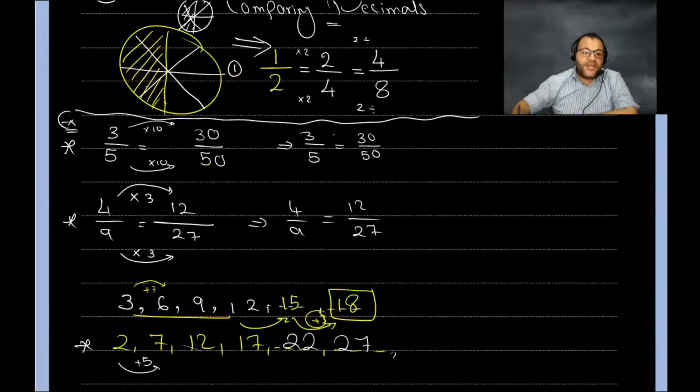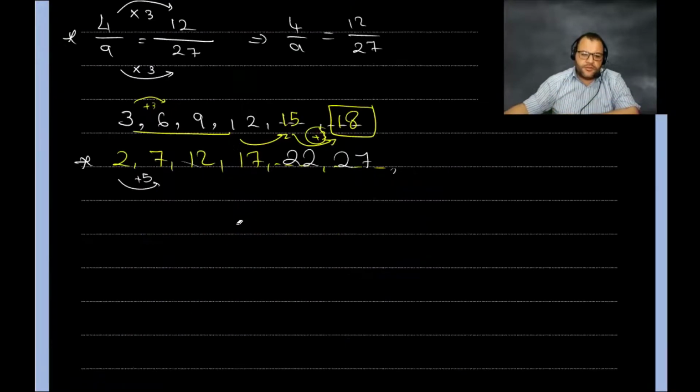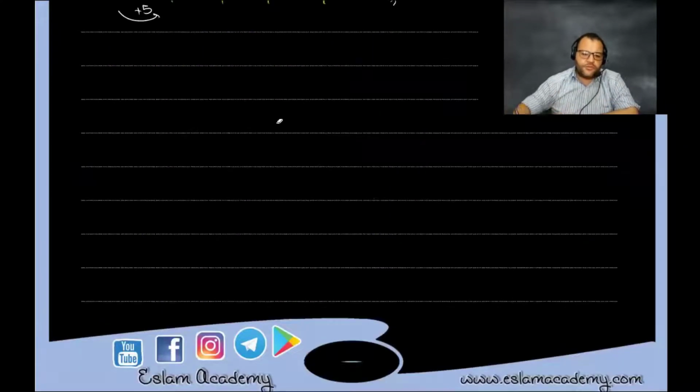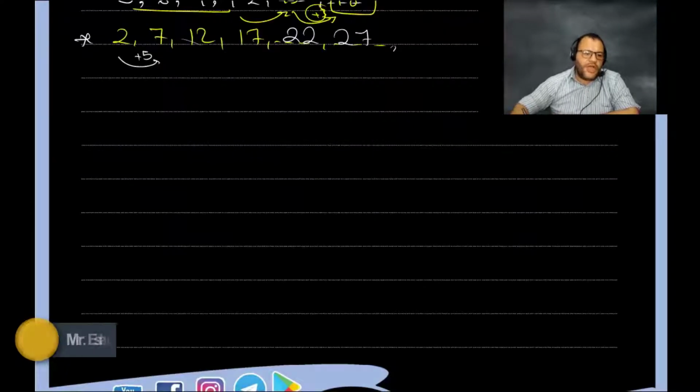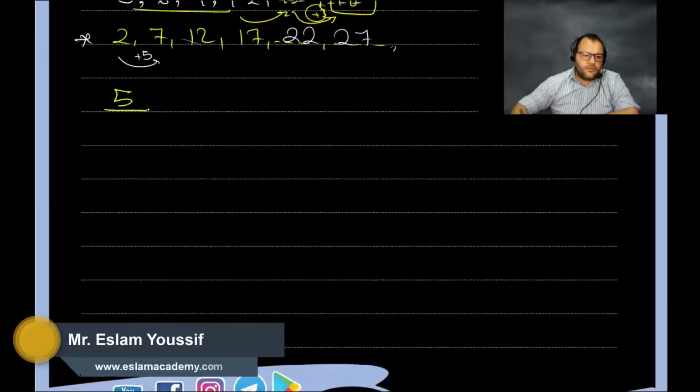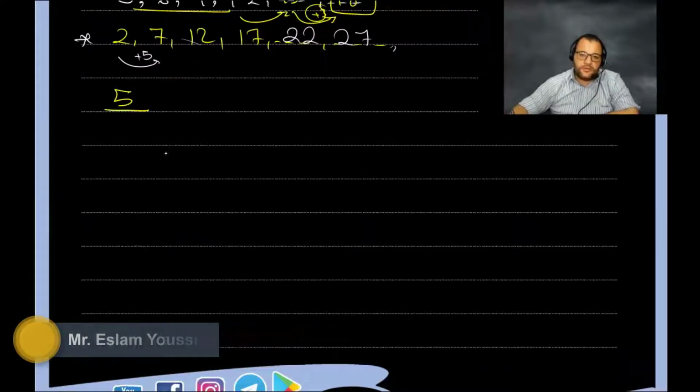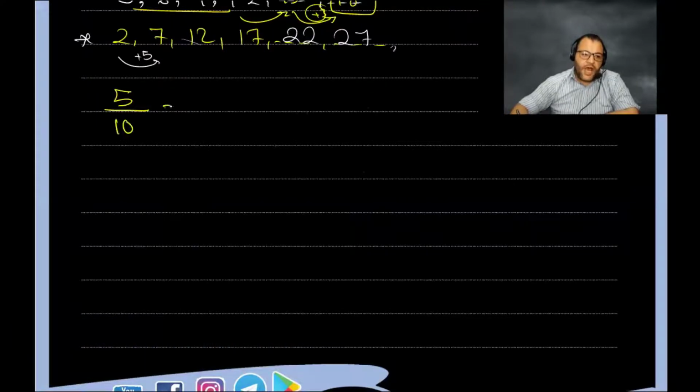If I have any fraction, give me any fraction. Just say any fraction. 5 over 10. If you multiply 5 by any number, choose any number, 5 times 2.